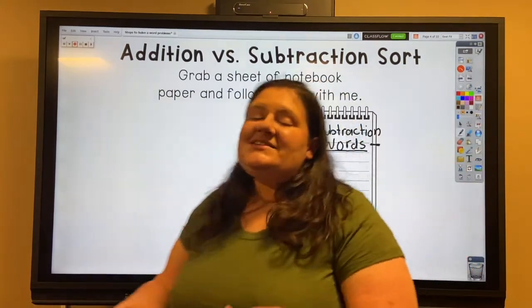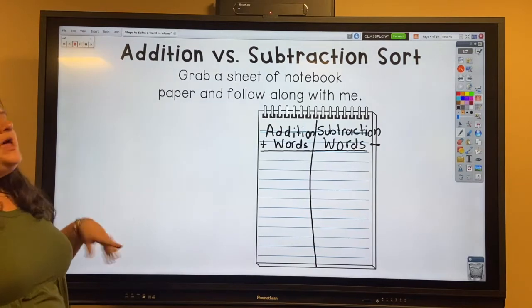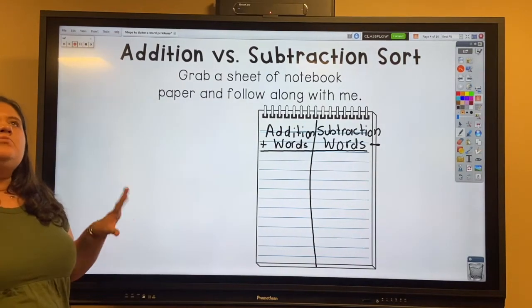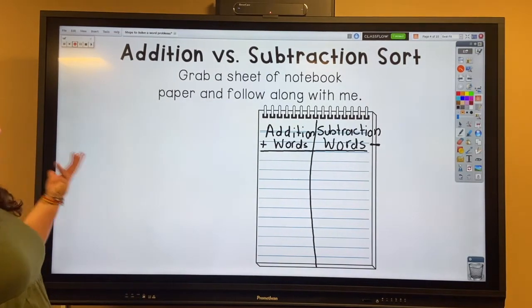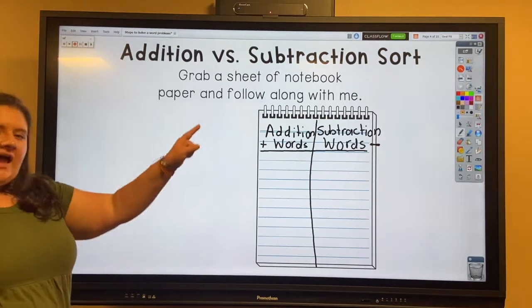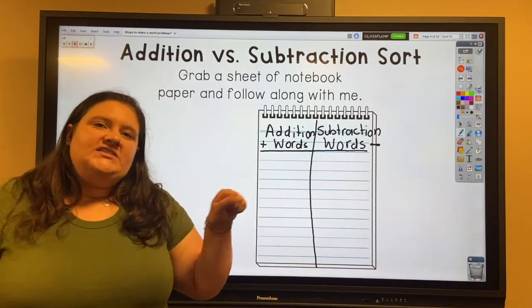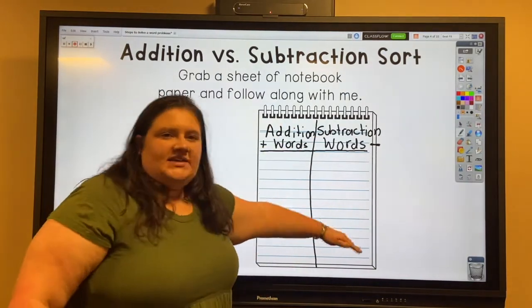Now on the next slide, I'm going to have some words on the screen. We're going to sort those words based on whether they tell us that we need to add or subtract in a word problem. As I slide the word to the correct category, I want you to jot it down underneath the correct category.